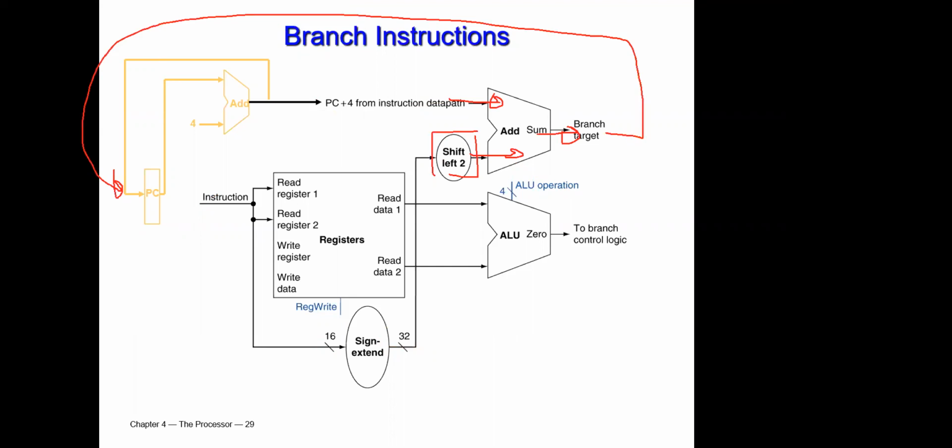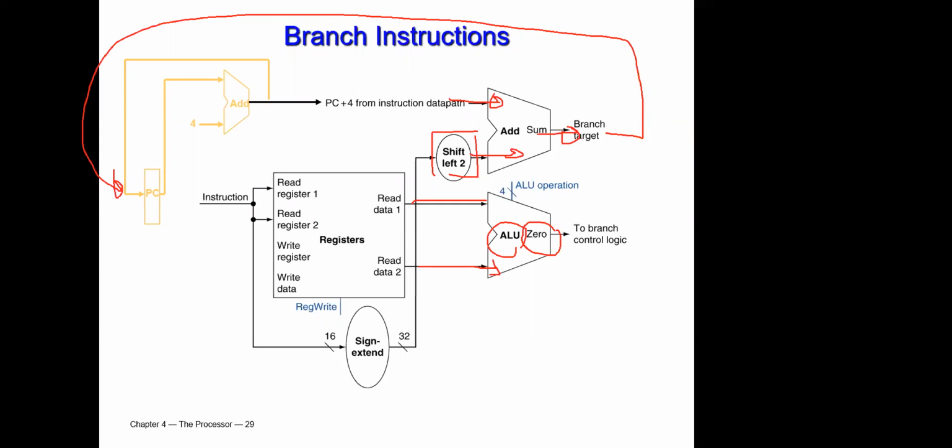Also, with this particular branch instruction, I have to take my 2 inputs and subtract and check if I have a 0 or not. Correct? These will be the 2 inputs that I need to check if they are equal or not.